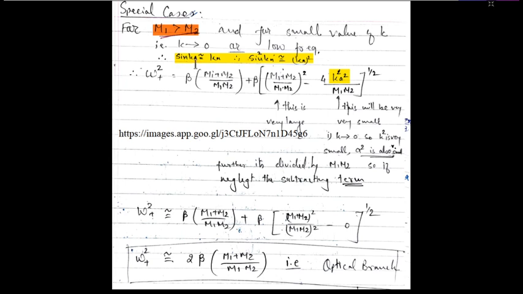For a smaller value of k, you can equate sine Ka with Ka. It is just like sine theta being equivalent to a small theta, sine theta is equal to theta. In the same way sine Ka is equal to Ka, so sine square Ka is equal to k square a square.